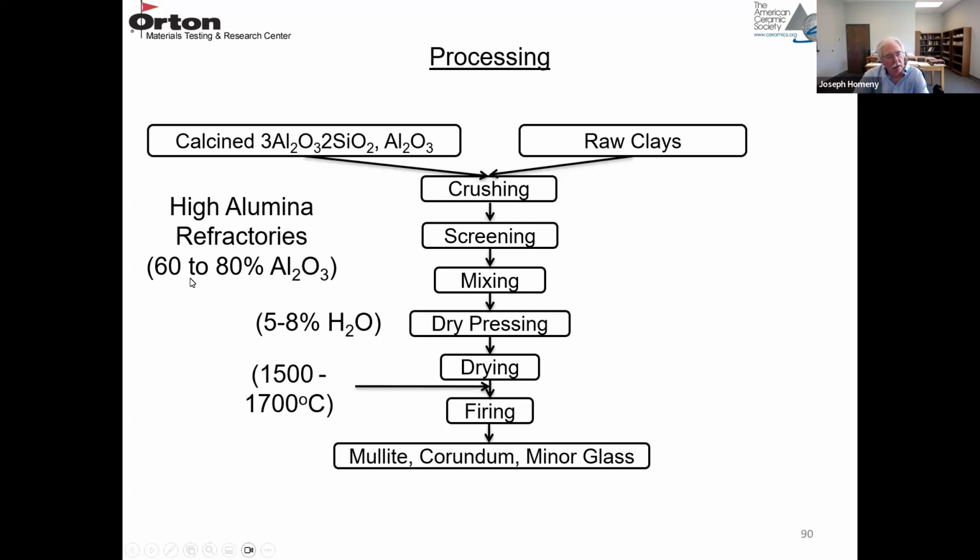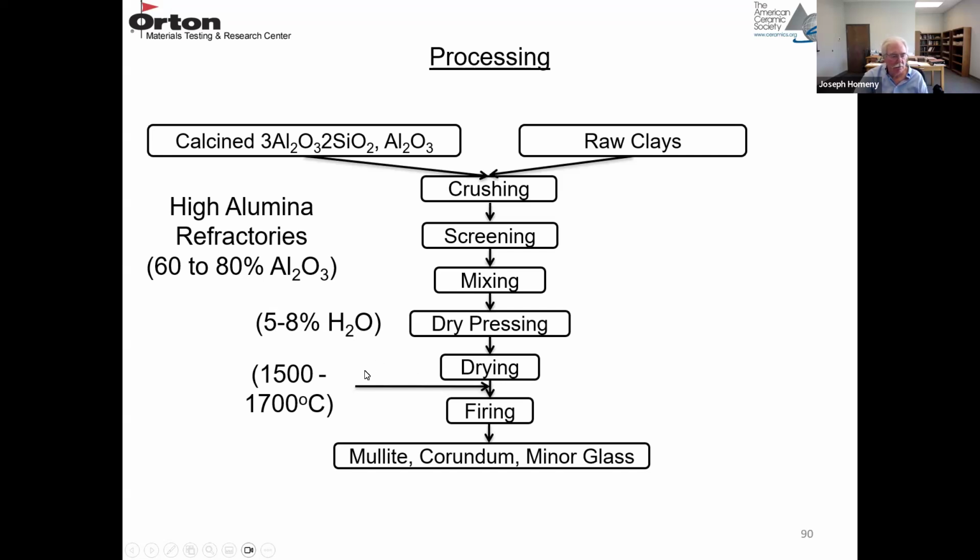Then when you go up to as high as 80% alumina, you're going to have a synthetic material, mullite, and another one, alumina. So these are much higher alumina contents, and you probably have a small amount of a raw clay present. Again, it's crushing, screening, and mixing, followed by dry pressing, and that's always a low water content.